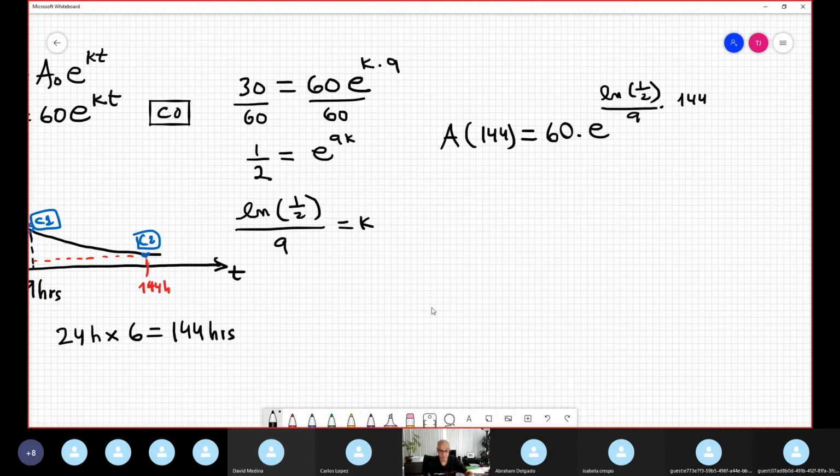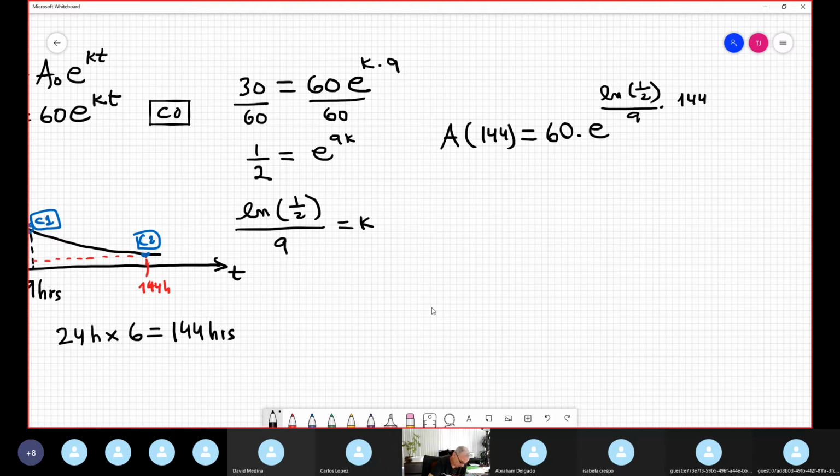This is the thing I try. Come on, guys, do it. Well, you can put first k, natural logarithm of 1/2, close the parenthesis, divided by 9.